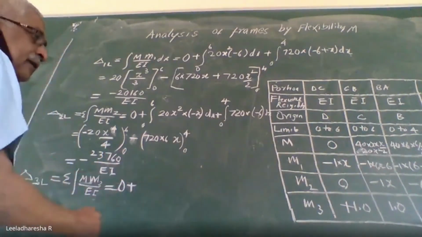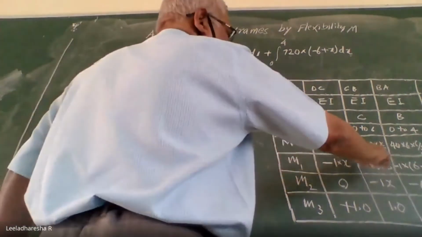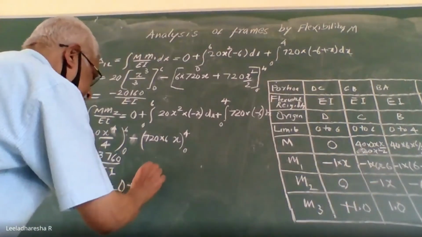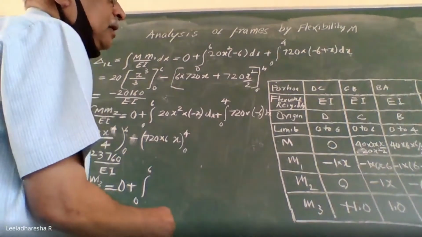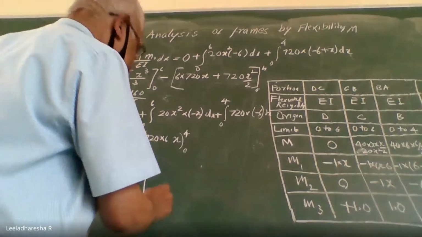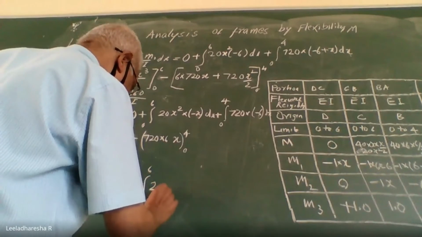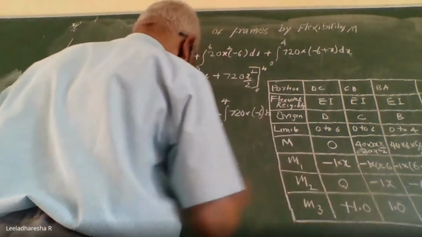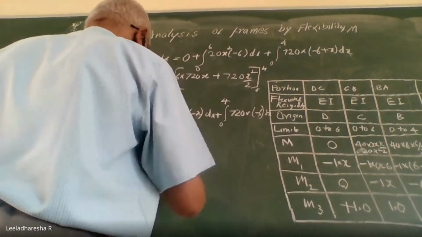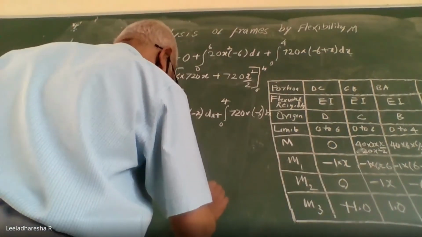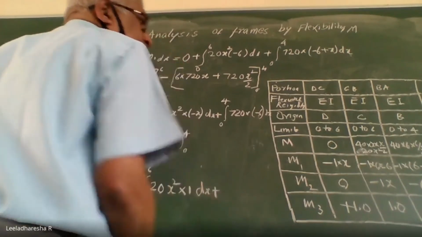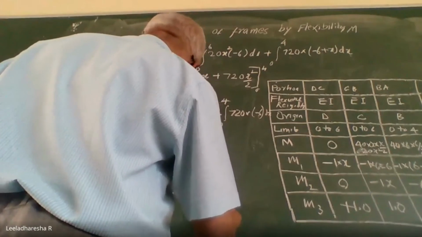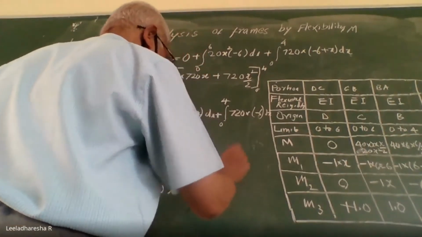Then m into m3 for the second portion, 0 to 6: m is 20x square, m3 is 1, into dx, plus for the next portion BA, the limits are 0 to 4.